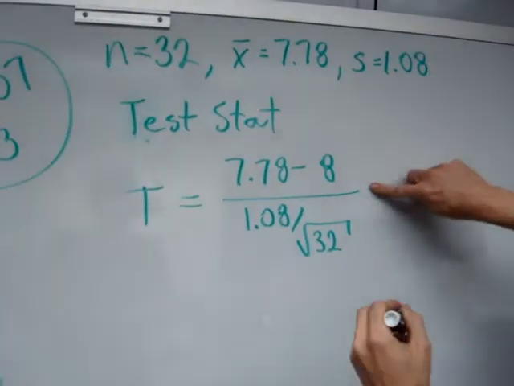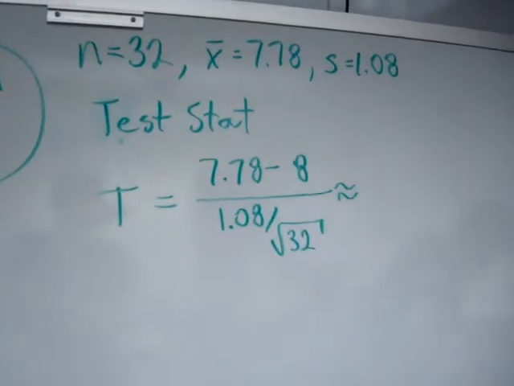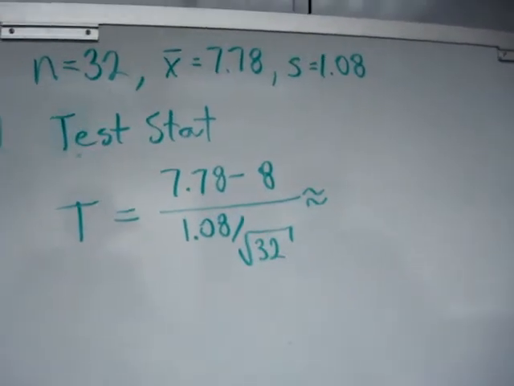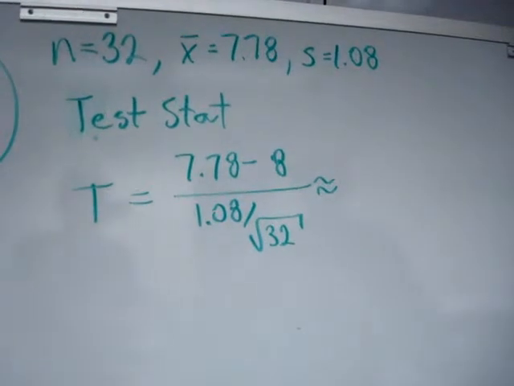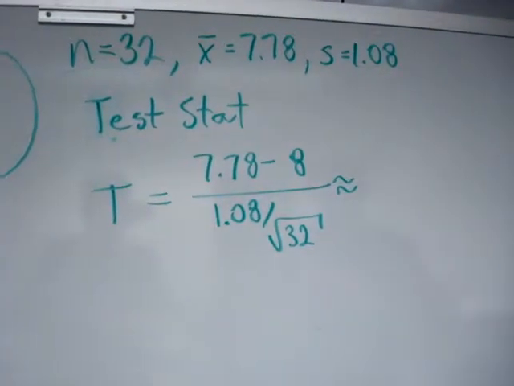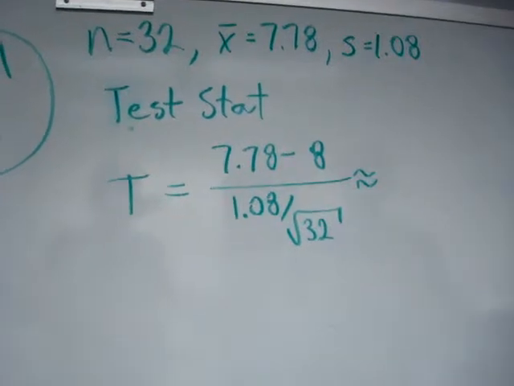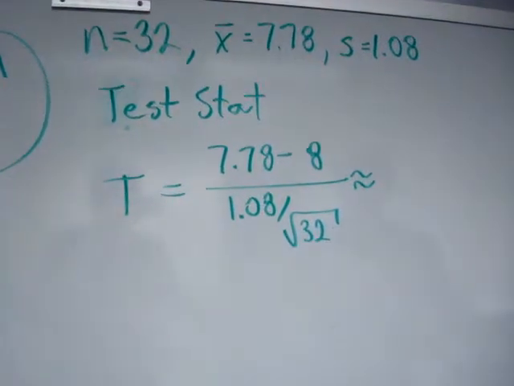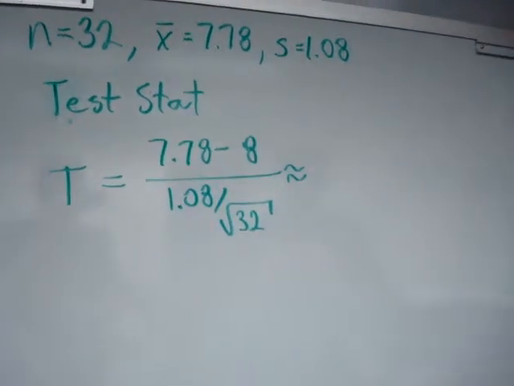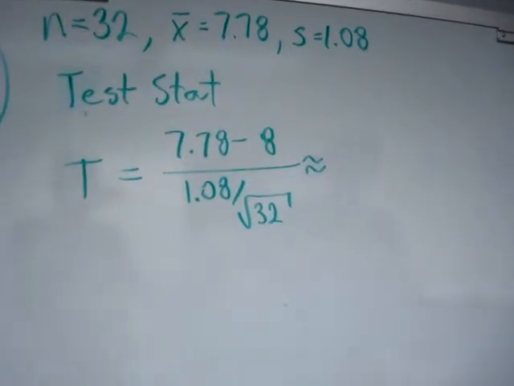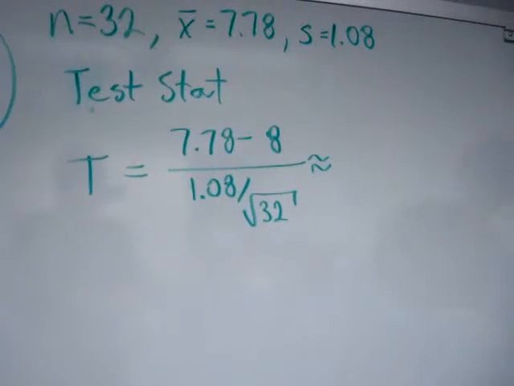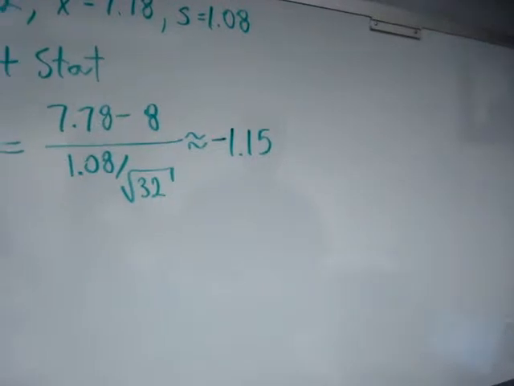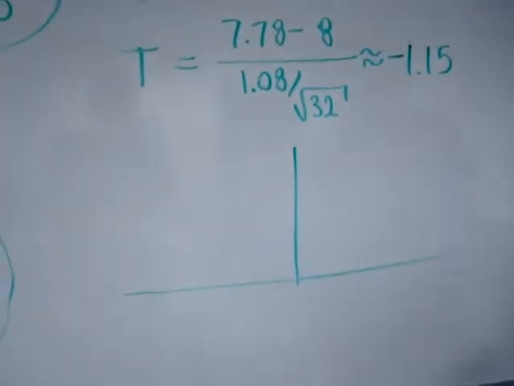And if we round this to 4 places, our t test statistic is negative 1.1523. We'll call it negative 1.15, something like that.